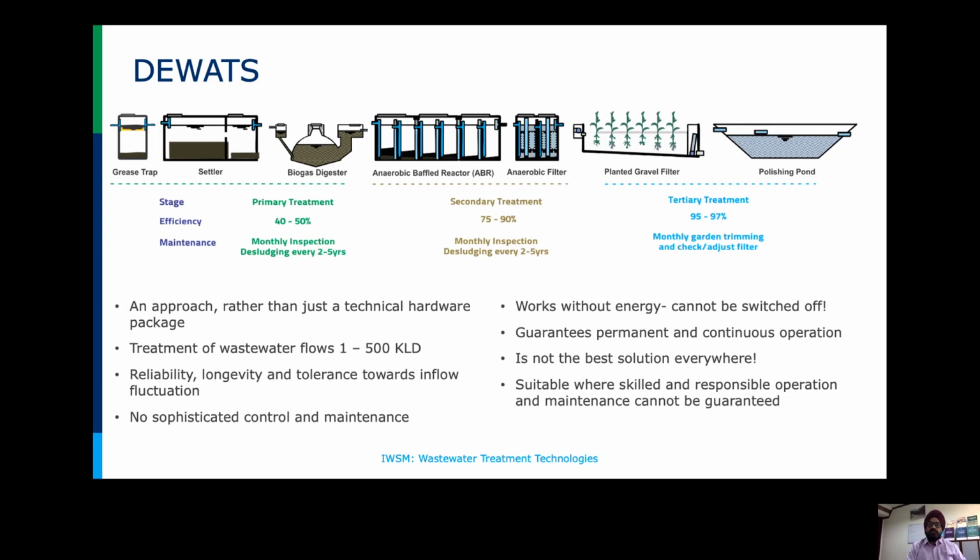It is usually popular because it works without energy, although it cannot be switched off. Continuous operation without much of an additional external input. However, it is not the best solution everywhere, and it is suitable where skilled and responsible operation is possible. If the operators are not there, and if the solids are not taken out and the filters are not cleaned, it can lead to a disruption.